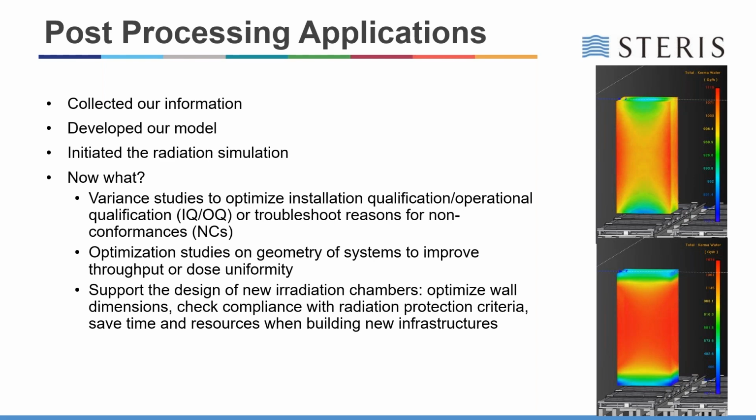The next bullet point shows optimization studies on system geometries to improve throughput or dose uniformity. These optimization studies are an example that automation is being embraced to standardize processes. And questions, while this is occurring, have arisen on how significant changes to system geometries will impact dose delivery.